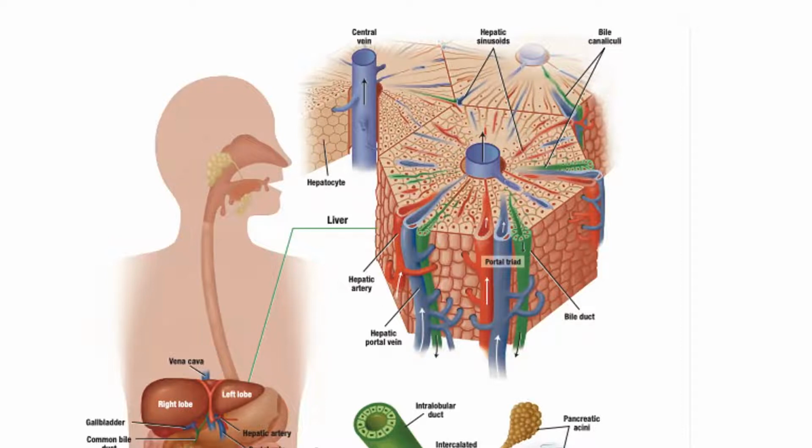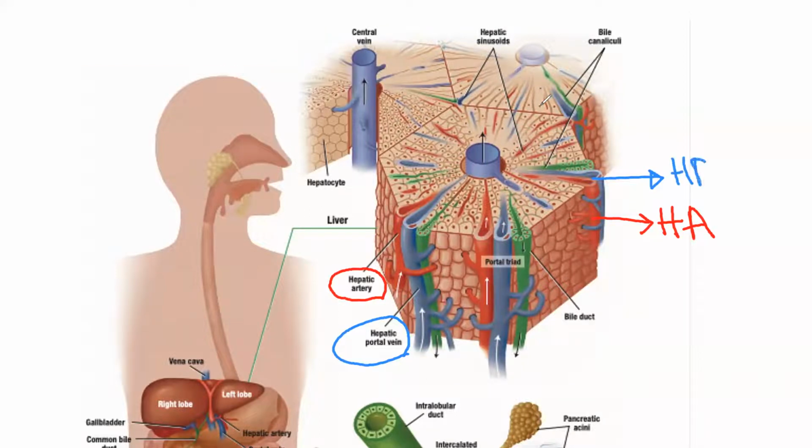One of these structures is a branch of the hepatic artery, like this one or this one. The other structure is a branch of the hepatic portal vein, like these 2. And the last structure is called the bile duct. And this is a bile duct.